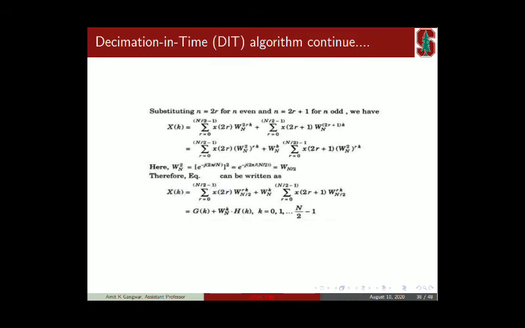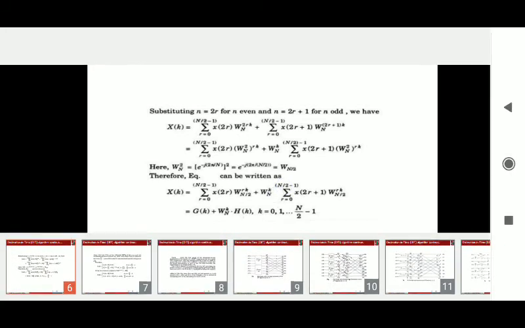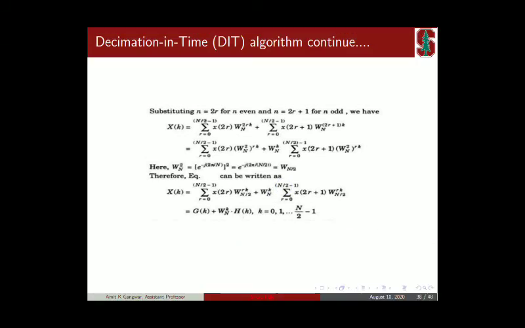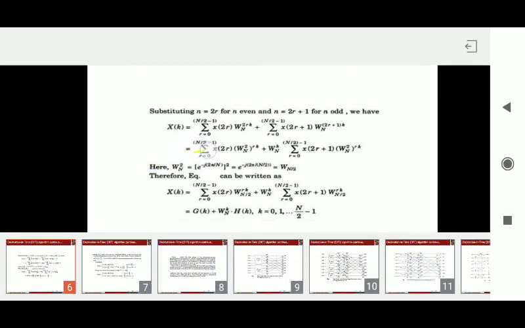So actually this expression becomes W_N by 2. You can see N by 2 here, and here also it becomes W_N by 2. Now after simplifying, you can see r equal to 0 to N by 2 minus 1, and this 2 comes in the denominator in the suffix of N by 2. Similarly here also, the 2 comes into the suffix. You can understand how it comes into the suffix of 2 from this equation.